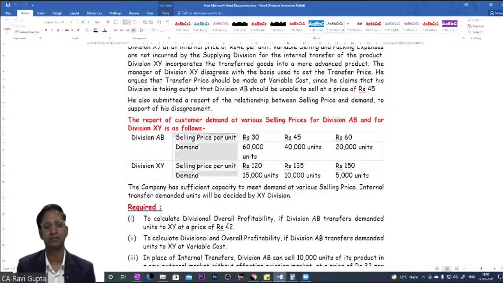They have told that division AB is going to transfer the demanded units at 42 rupees. Currently they have not told us how many units are being transferred. It will be decided by division XY.